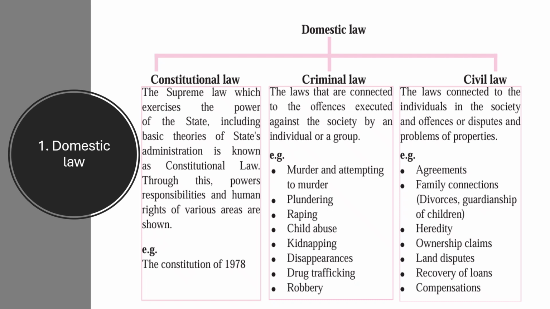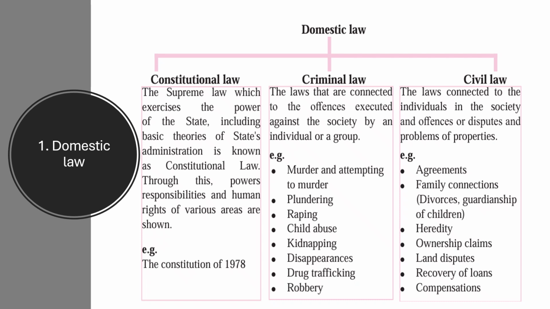Next, we have criminal law. The laws that are connected to offenses executed against society by an individual or a group. Examples: plundering, child abuse, robbery, disappearances, murder and attempting to murder, stuff like that. And lastly, we have civil law.